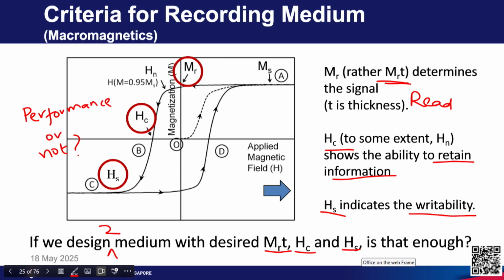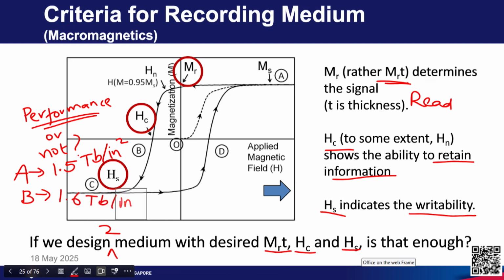For example, let us say I have two media, A and B, with MRT, coercivity and Hs almost the same. When I say performance, I am talking about how much information I can pack in a given area. Maybe medium A gives rise to 1.5 terabit per square inch, and medium B may give rise to 1.6 or 2 terabit per square inch.